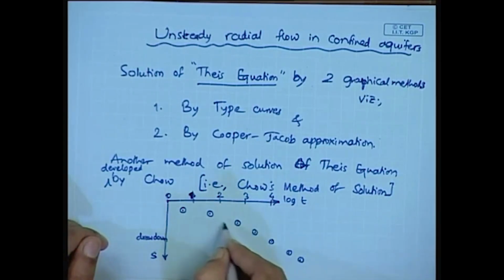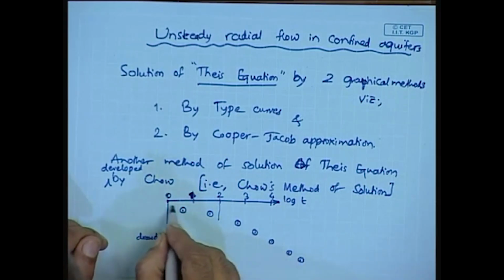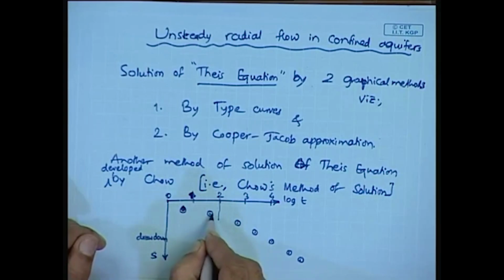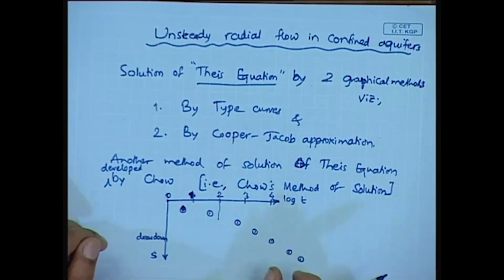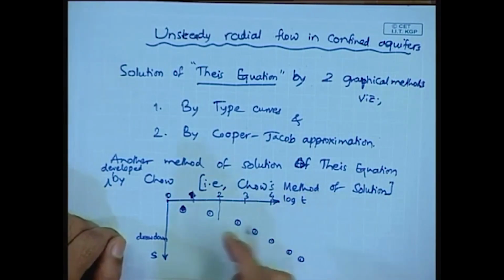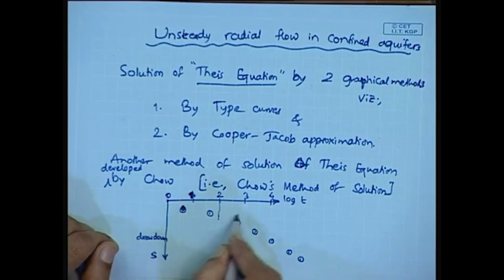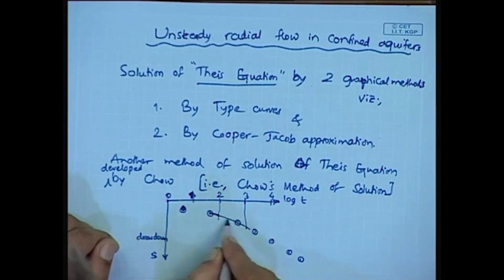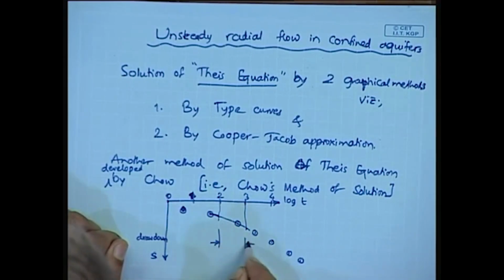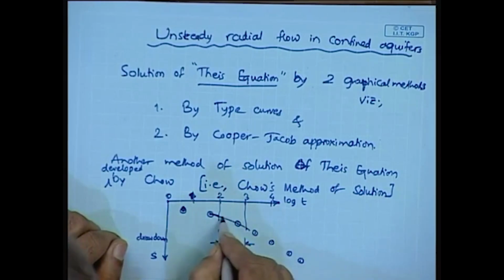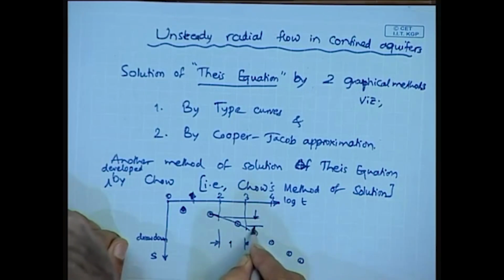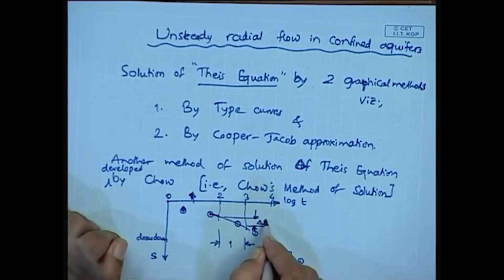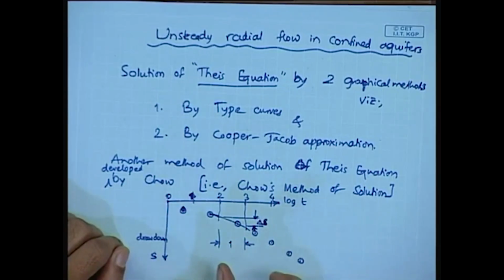Two points are chosen on this plot such that the difference in log t is equal to 1, and the corresponding difference in drawdown is delta S. So, this difference is 1, and this difference is delta S, that is the change in drawdown per one log cycle of time.